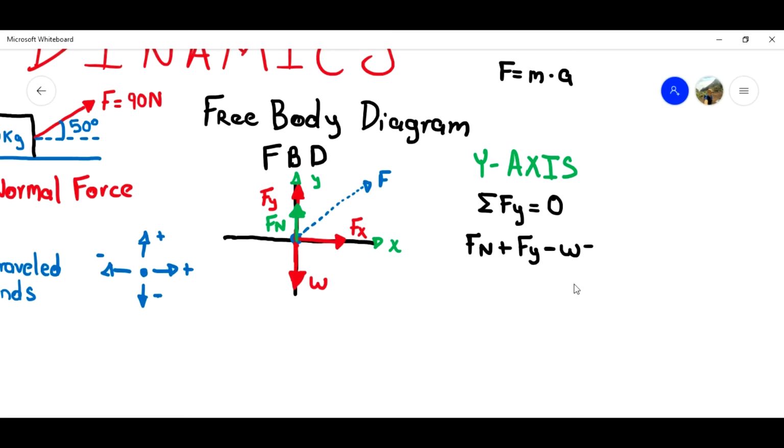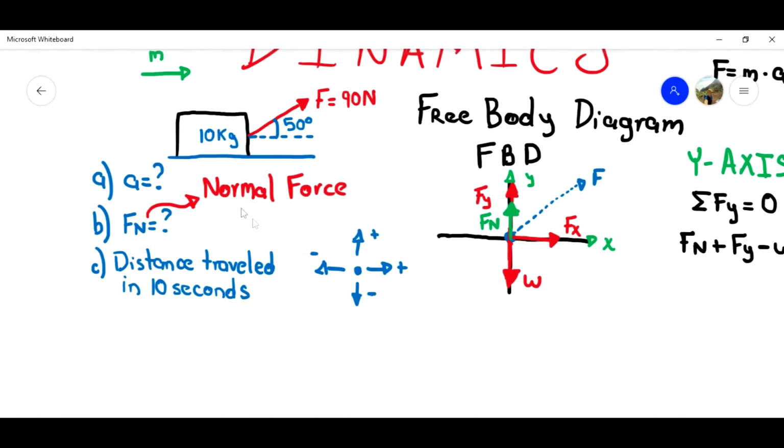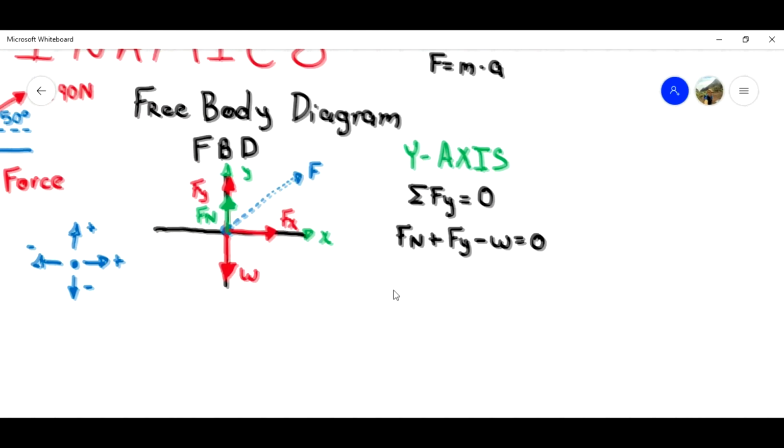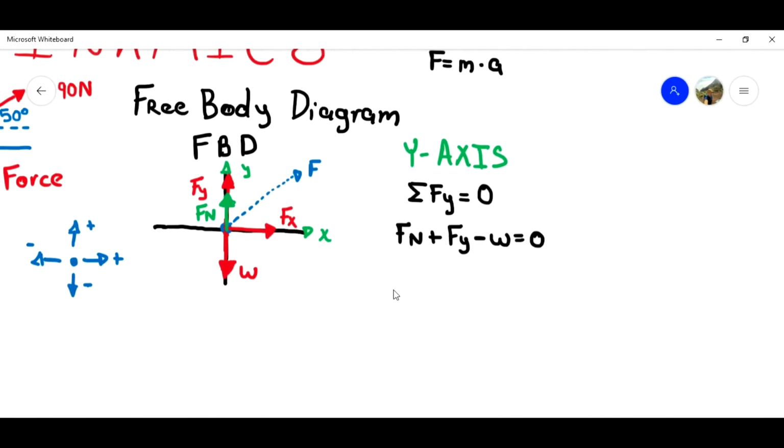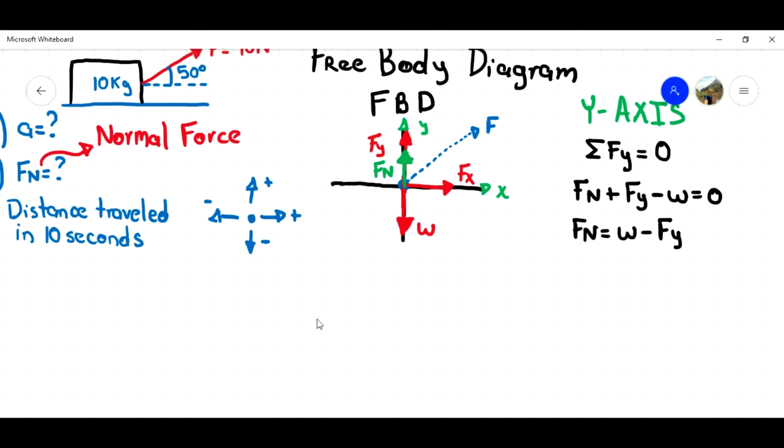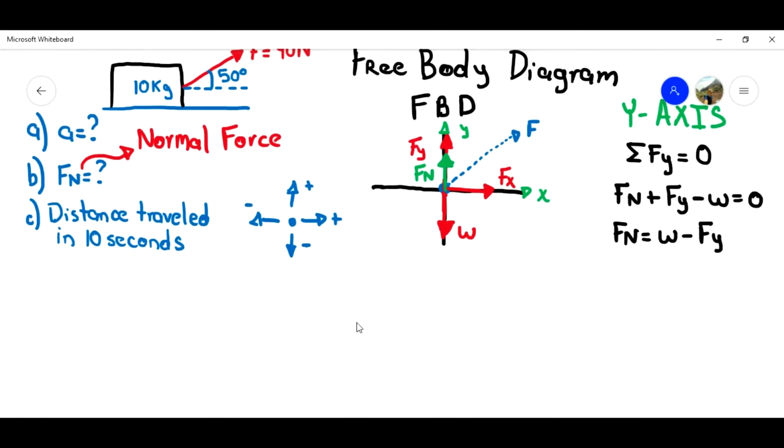N plus Fy minus weight equals 0. Now from this equation I need to find the normal force. So I'm just going to isolate the normal force. So normal force equals weight minus Fy.